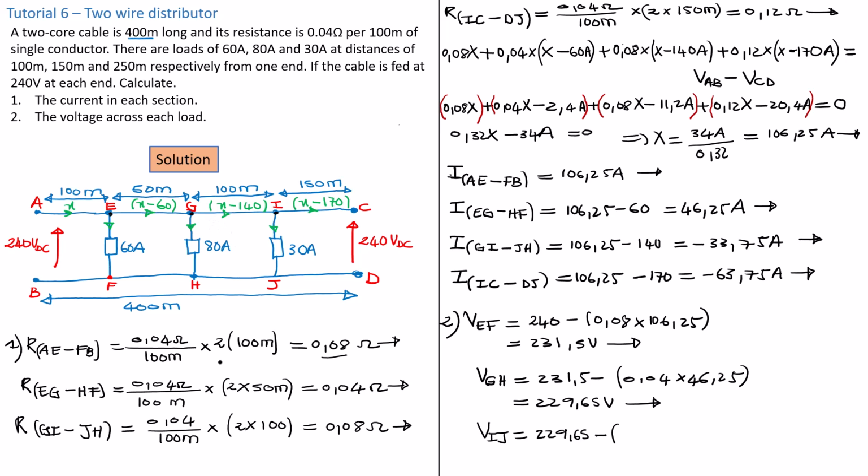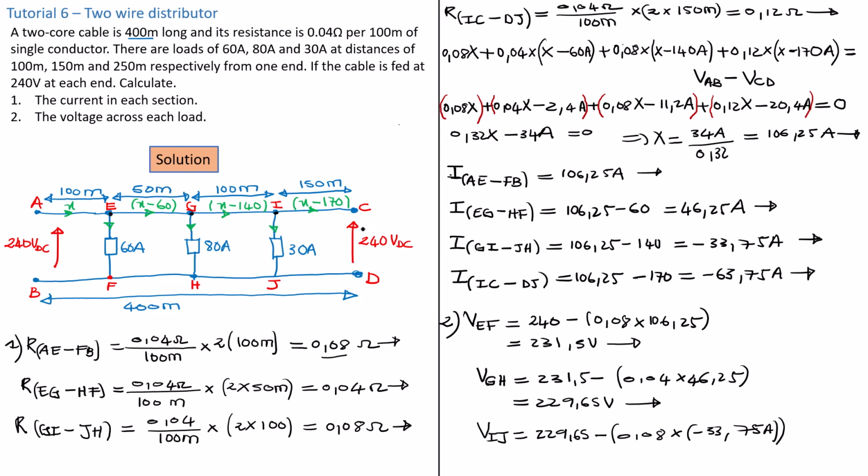We know that the resistance on that section is 0.08 ohm, times the current on that section. That current is X minus 140, and X minus 140 is basically negative 33.75 amps. So we're going to have negative 33.75 amps of current.